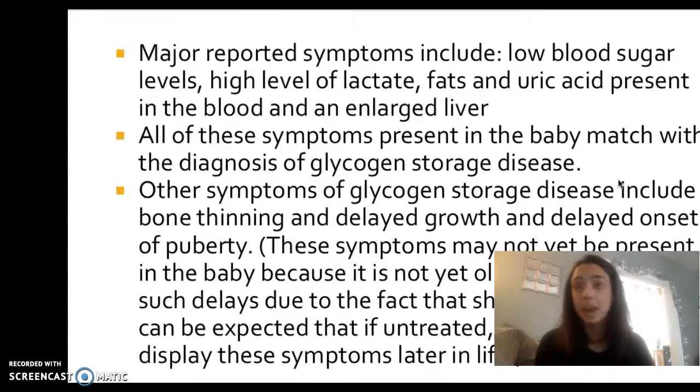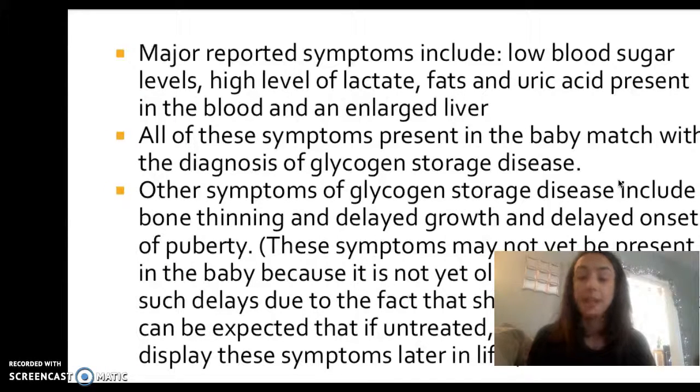Other symptoms that I've researched glycogen storage disease to include are bone thinning and delayed growth, as well as delayed onset of puberty. These may not have been mentioned in the case given the age of the individual. It's obviously very unlikely that an infant would have hit puberty, so these signs and symptoms may not have presented themselves yet, as well as bone thinning.